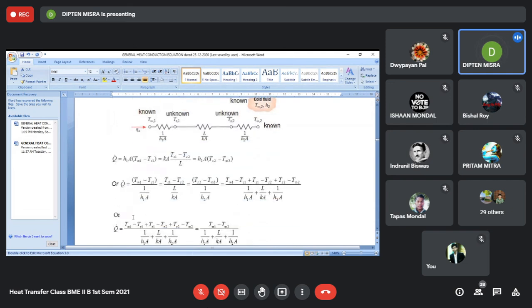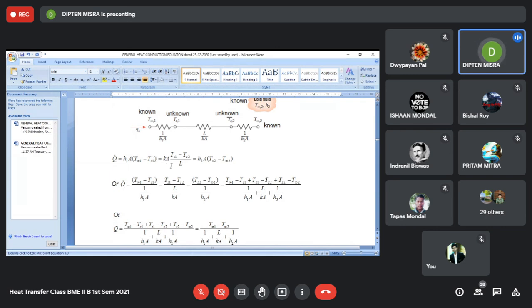This Q dot is the heat coming from the hot fluid at a temperature T infinity 1, traveling towards the colder wall, whose temperature Ts1 is not known. What we know is this. So the heat flow rate will be equal to H1 into area into the free stream temperature minus the surface temperature.